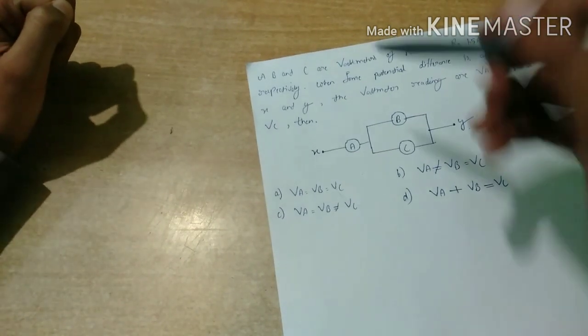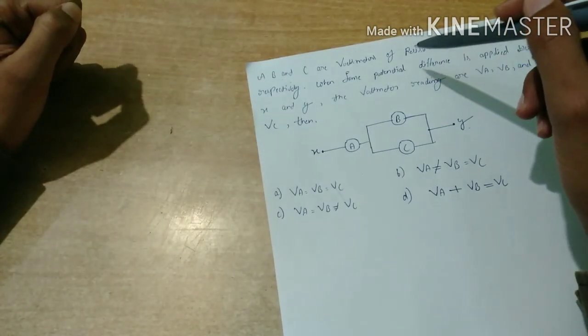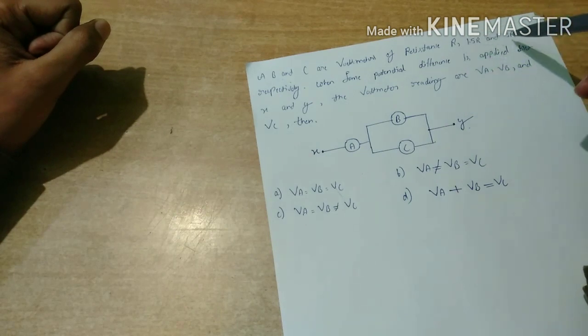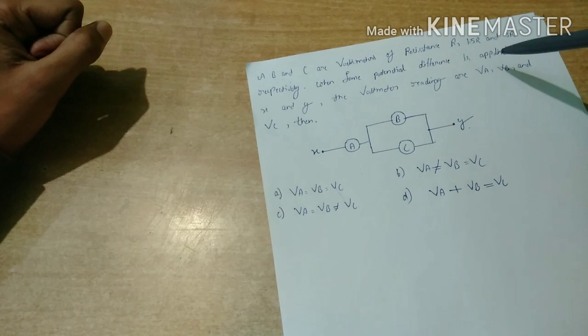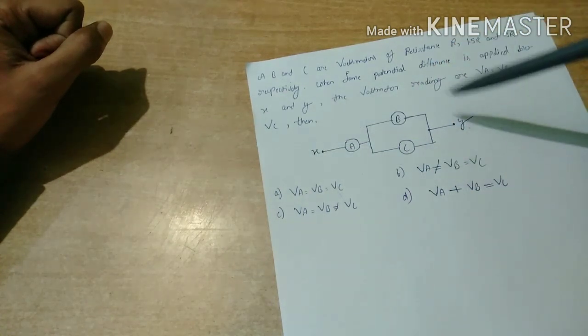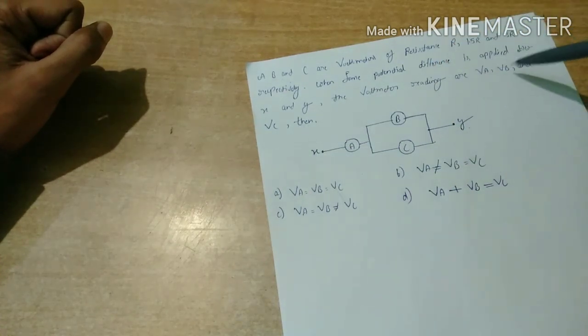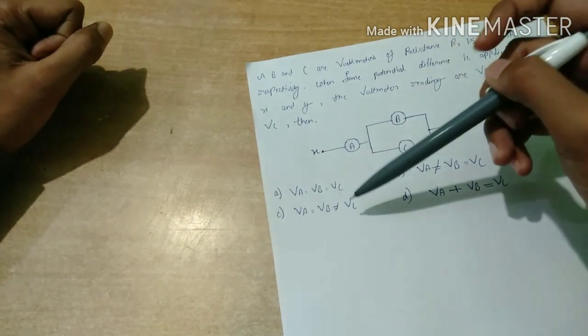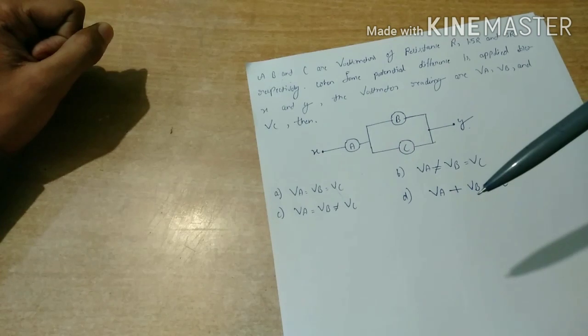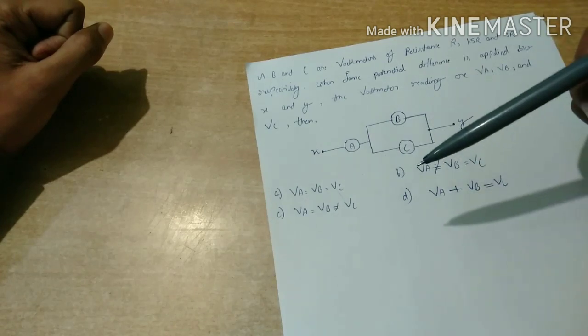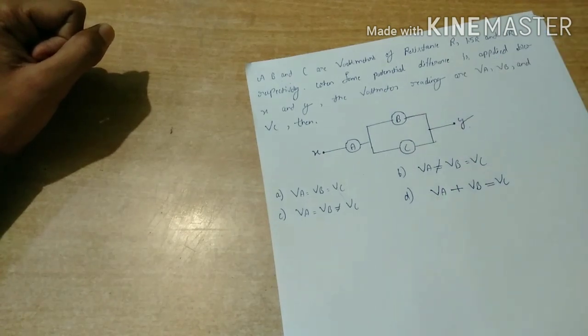The next question is: A, B, C are voltmeters of resistance R, 1.5R and 3R respectively. When some potential difference is applied between the terminals X and Y, the voltmeter readings are VA, VB, VC, then which condition is satisfied? To solve this kind of problem, first of all we draw its circuit diagram.